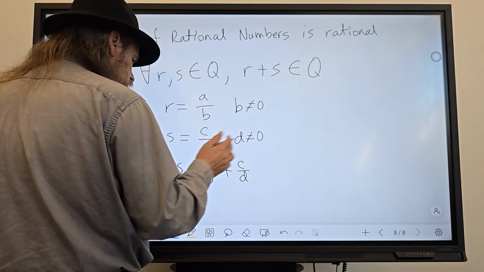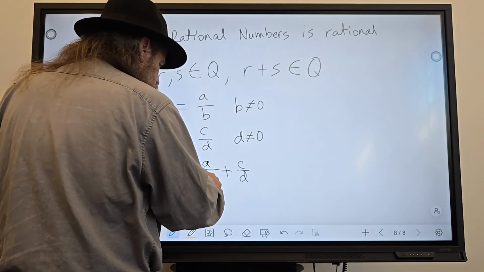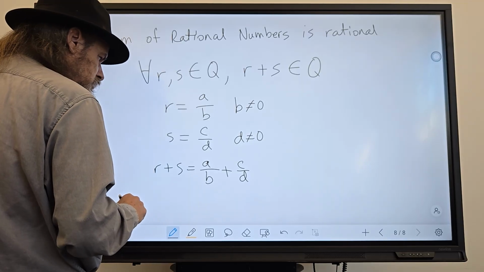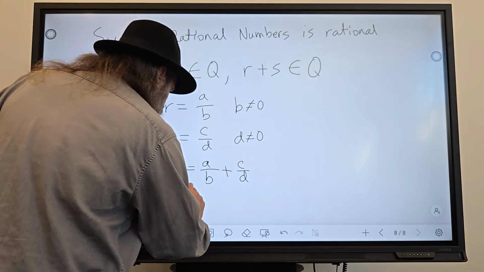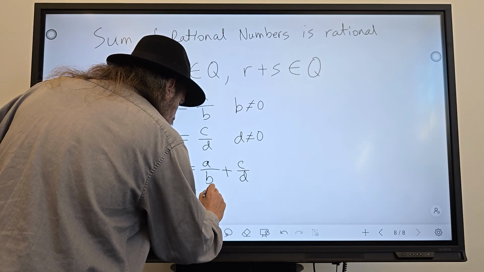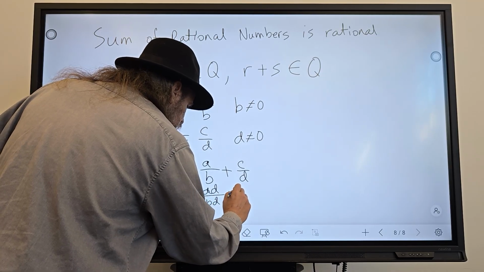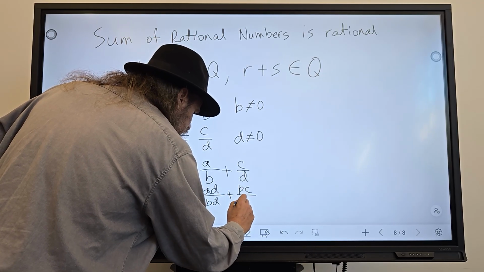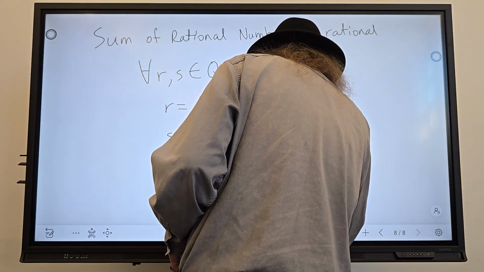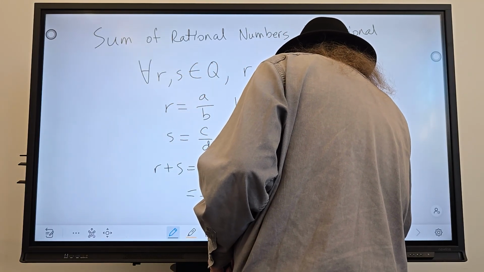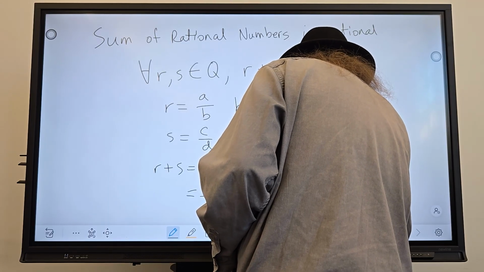And then by multiplying each element to make a common denominator, this is equal to ad over bd plus bc over bd, which in turn equals ad plus bc over bd.